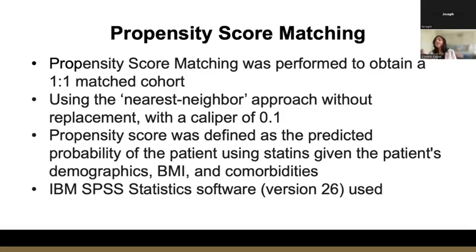The propensity score for this study was defined as the predicted probability of the patients using statins given the patient's demographics, their BMI, their comorbidities, and all the other covariates that were found to be relevant for this population and this research design. We conducted propensity score matching using SPSS.